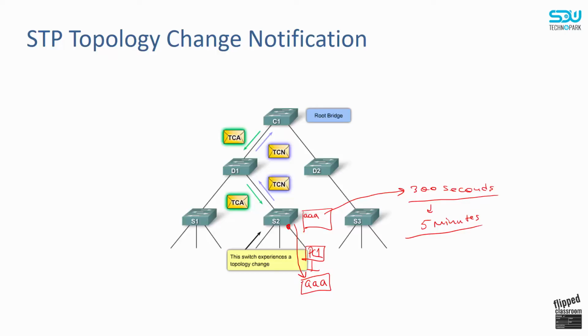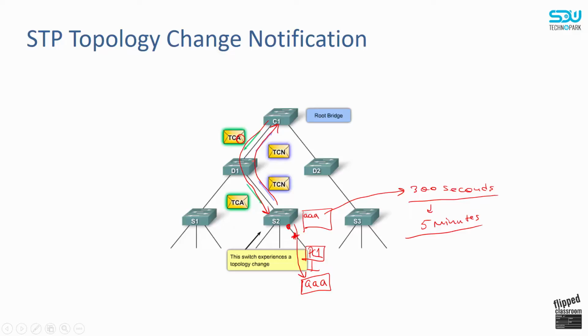Okay, and when something goes wrong with this link, switch 2 has to react immediately and tell its root bridge that some changes are happening according to this MAC address, and then TCA will be sent. TCA is just an acknowledgement: okay, I got your message.